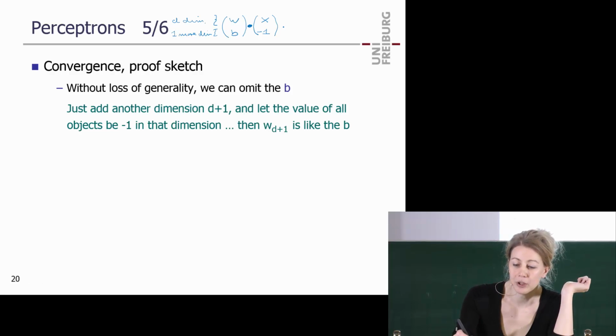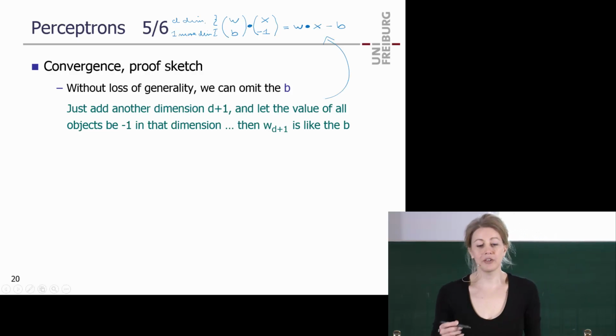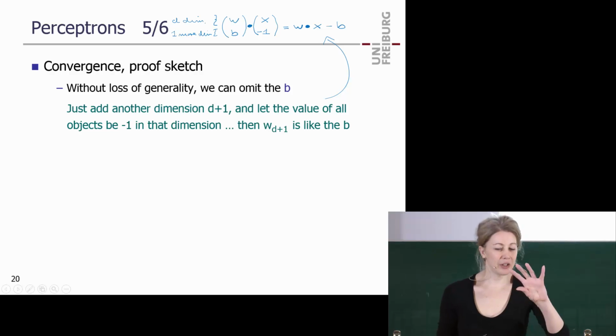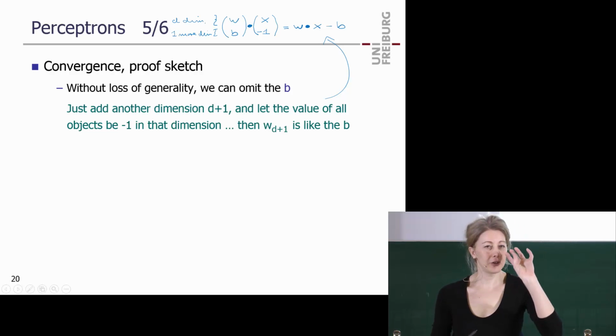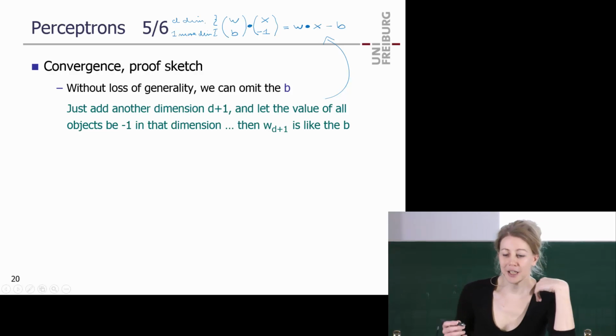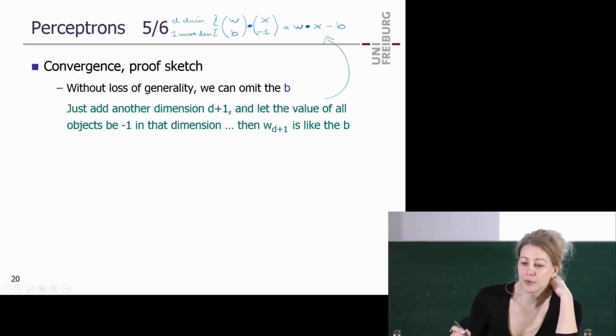Now compute this dot product. And this is just w times x minus b, right? So it's a very simple trick. And now you don't need a b anymore, right? I can just add this b as one additional component of my vector. And that's also very nice, right? This is something not so intuitive about high dimension. You add one dimension more and you get rid of this, yeah?